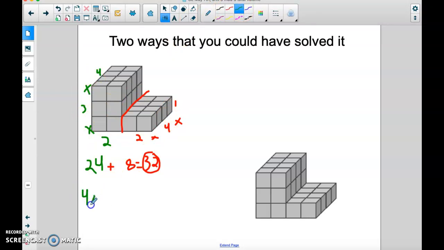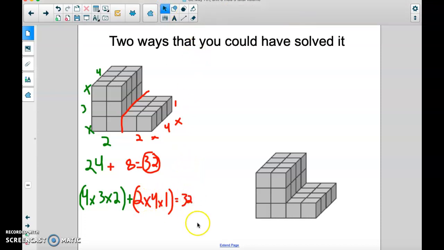I would have 4 times 3 times 2, and I might even put that whole thing in parentheses because that's one volume, plus 2 times 4 times 1, which equaled 32.